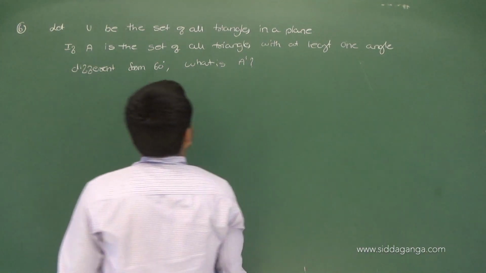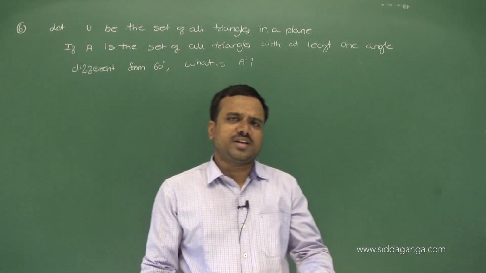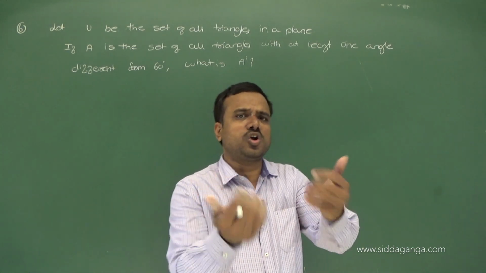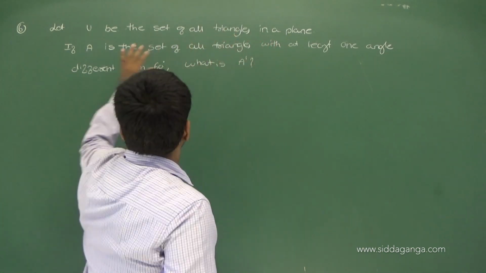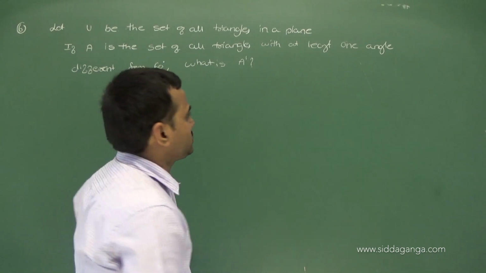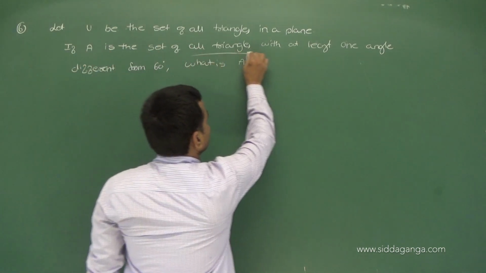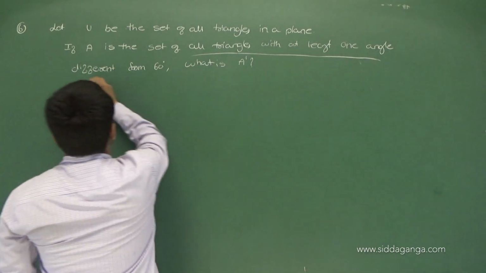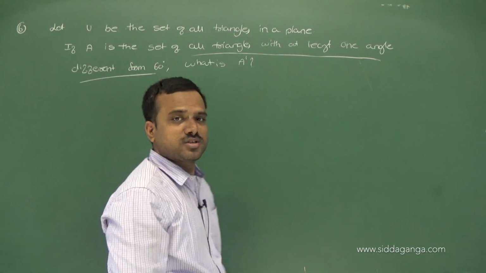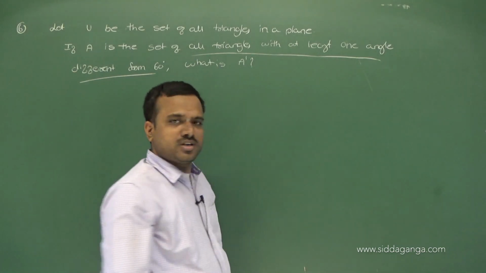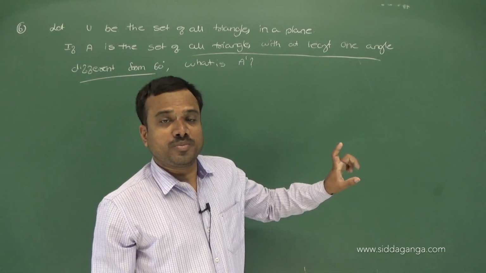U is the set of all triangles: rectangle triangles, equilateral triangles, scalene triangles, isosceles triangles, all triangles are present. A is the set of all triangles with at least one angle different from 60 degrees, which means among three angles, if two angles are 60 degrees, no problem.